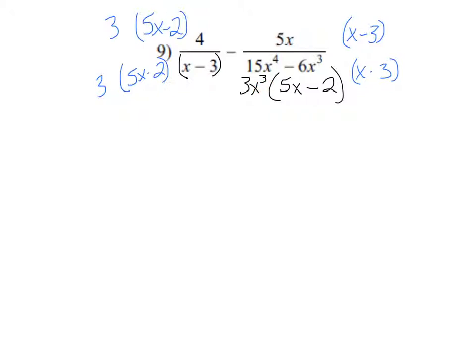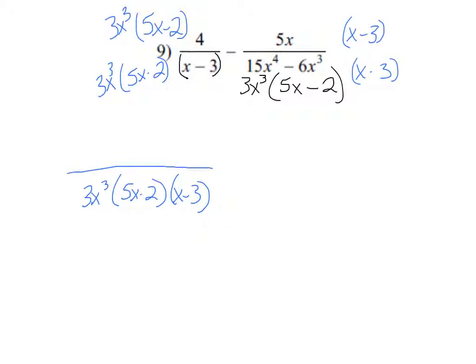So let's also sneak in an x cubed with that 3. So we have a lot of stuff going on as far as your common denominator. If I were to rewrite this, I would have a 3x cubed, a 5x minus 2, and an x minus 3.